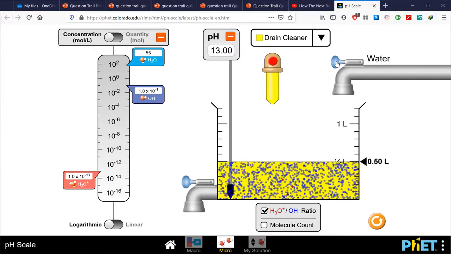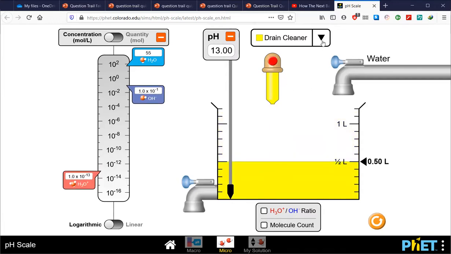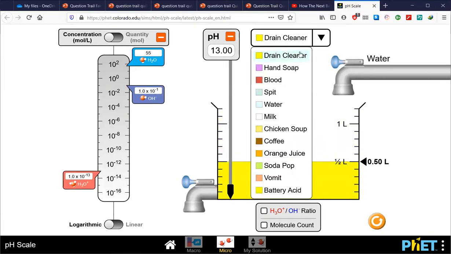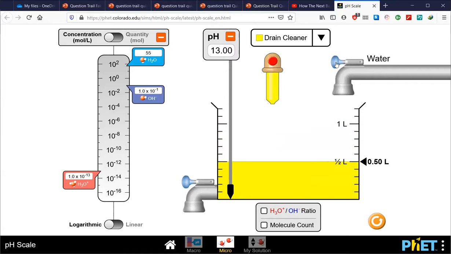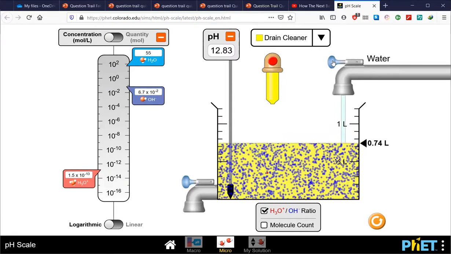26, put in water. What happens to the molarity of the H3O plus? It's going up. On the left, look on the left, it's going up. Okay, I'm going to put in water. This is 26, I'm going to put in water. Look at the left.